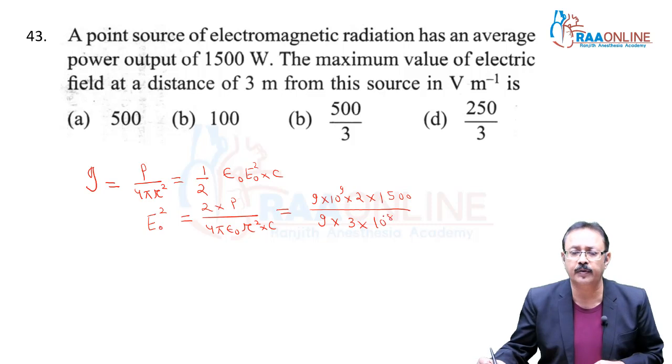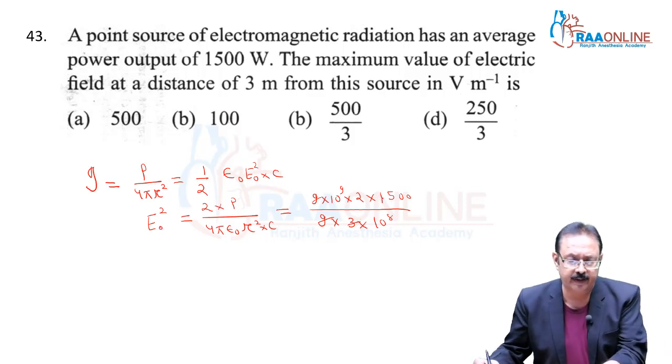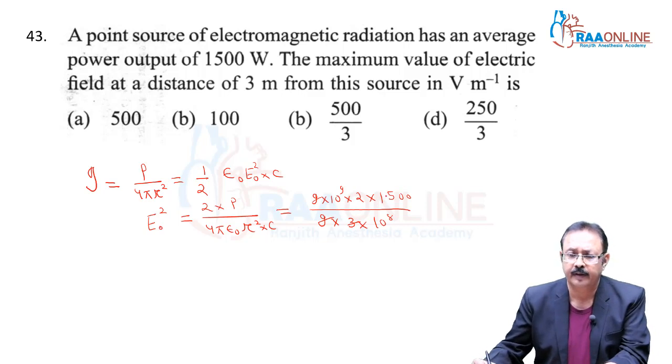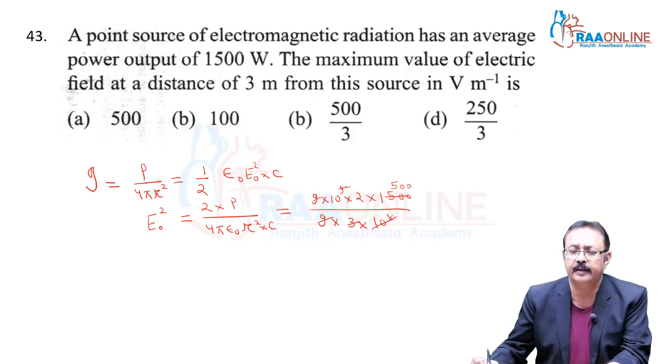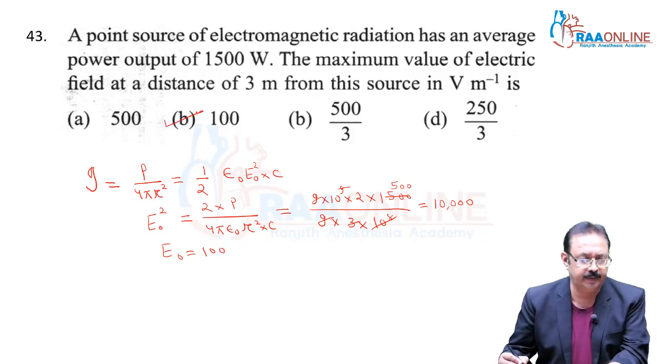Cancel 9 with 9. 3 into 1500, you will get 500 after cancelling 10 to the power 8 with this 9. 500 into 2, 1000, and with 10 we are getting 10,000. Now easy to take square root. E naught will become 100. So we are getting option B.